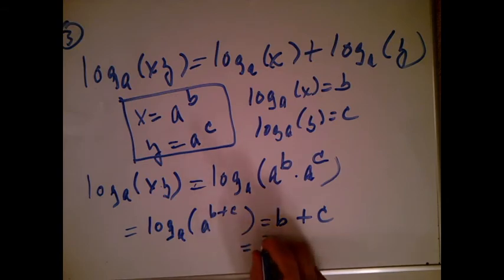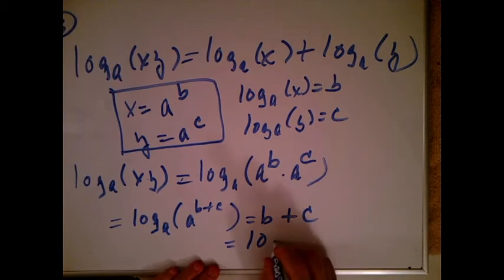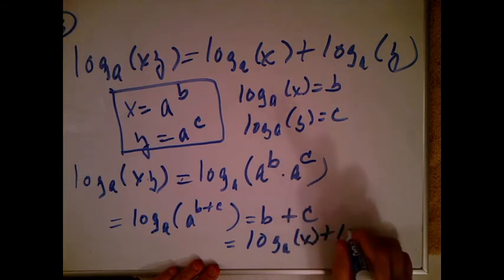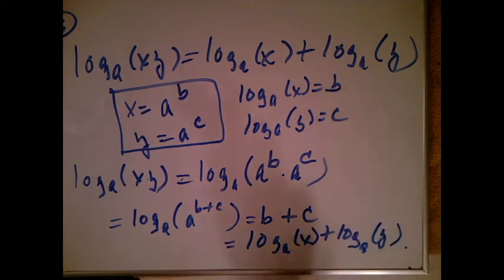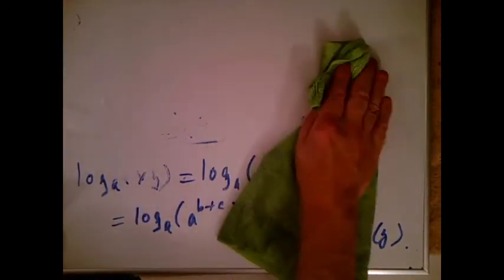And we're going to get down here the log base a of x plus the log base a of y. Just like that. Okay, so that's property number 1. The log of a product is equal to the sum of the logs. We're going to do the next one. We'll try to set this one up just a little bit differently, so you can take your pick about which way you felt better about it.